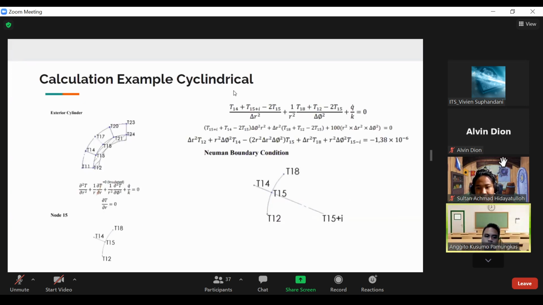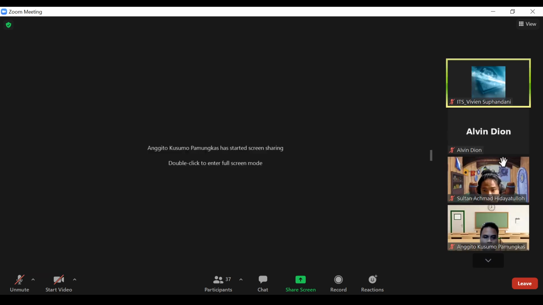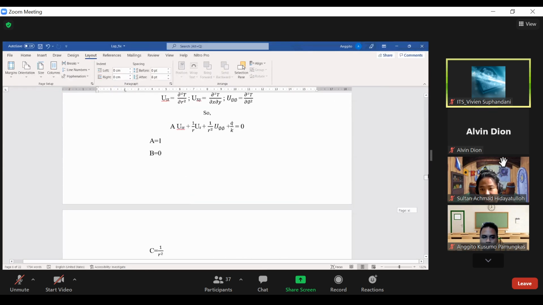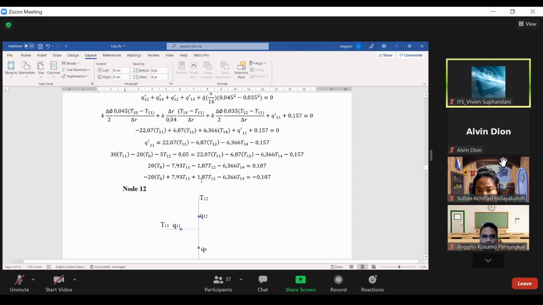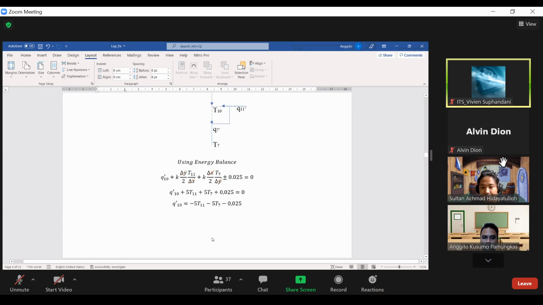Let me share the screen, the PDF. Yes. Okay. This is the calculation.